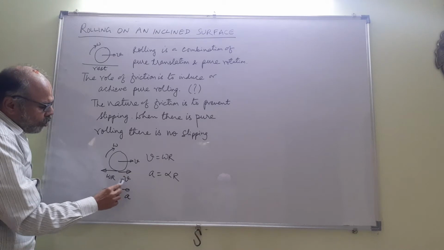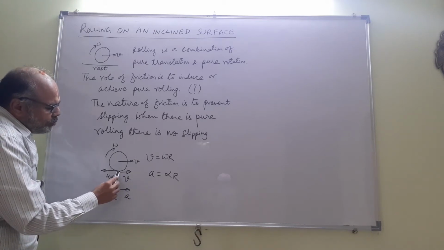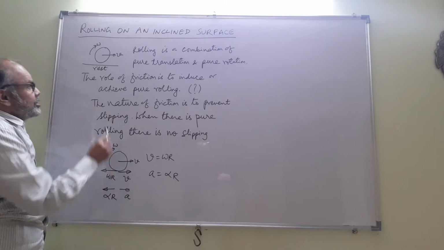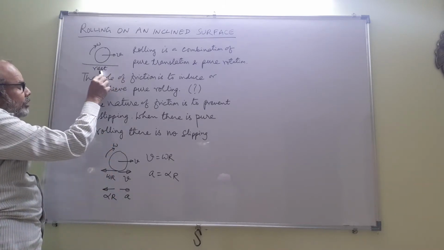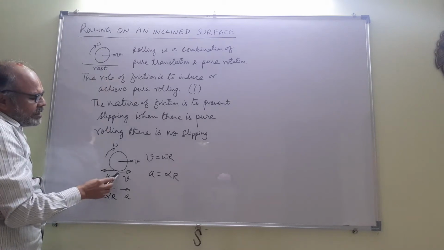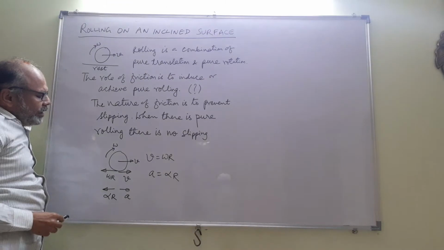Now when there is pure rolling, this v and omega r will be equal, so that the point of contact is at rest. The horizontal surface also, we are assuming it to be at rest. So when both are at rest, we would say that this round object is pure rolling.